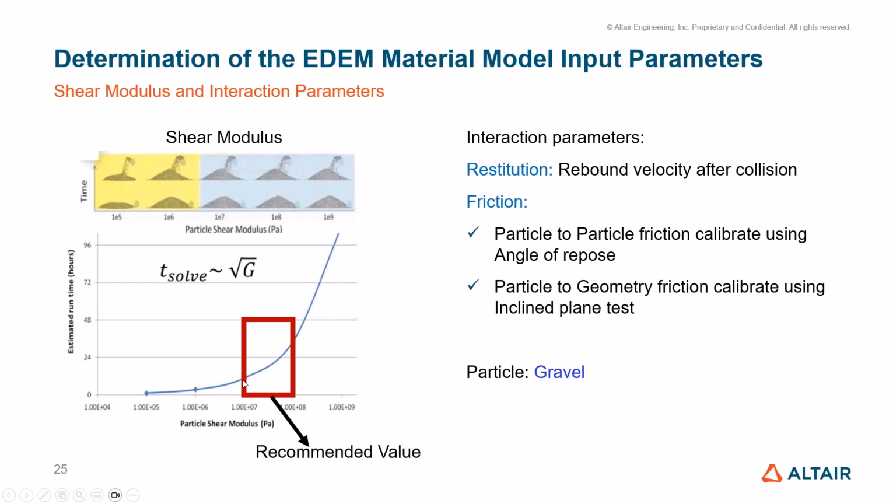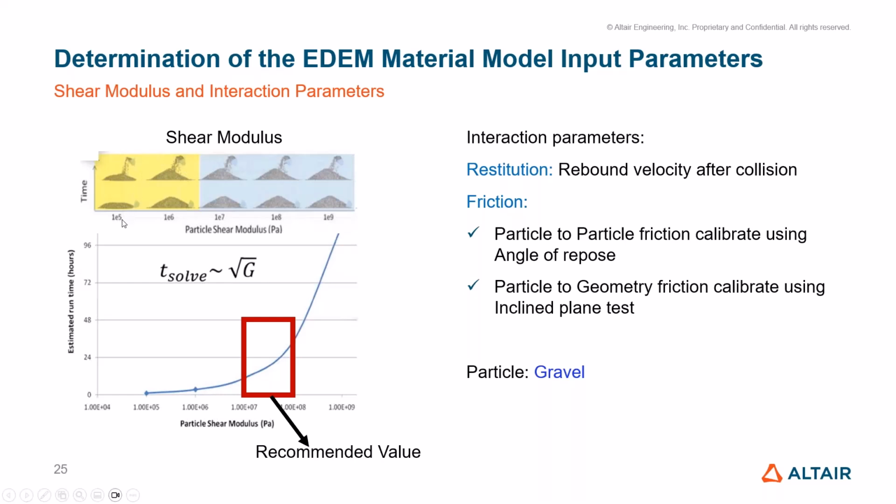However, the calibration has to be performed, otherwise you cannot get a realistic behavior of the bulk material. So why can't we go with a lower shear modulus? For that, if you observe this picture, we performed an angle of repose test through a poured angle of repose, where we filled some material with a bucket and poured it over the ground.